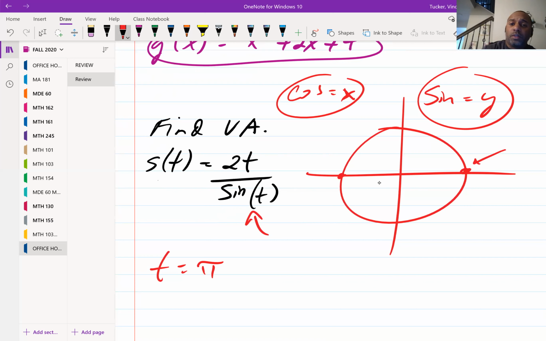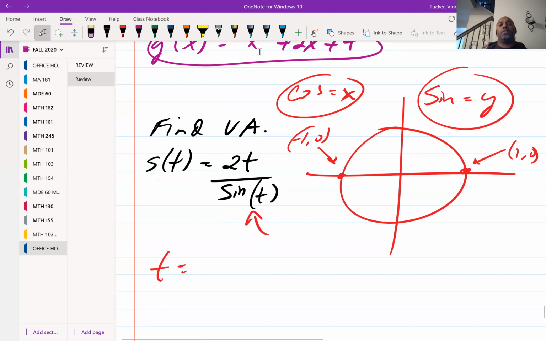So here are the places where you have 1, 0, and then here, -1, 0. And when you look at the graph, I can show you in a second.